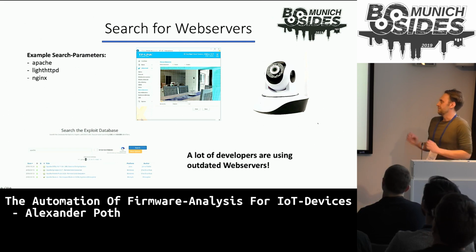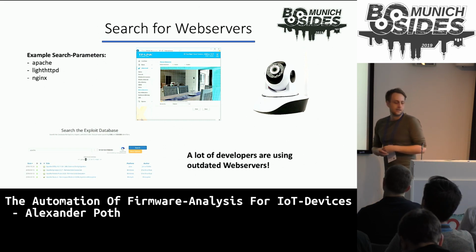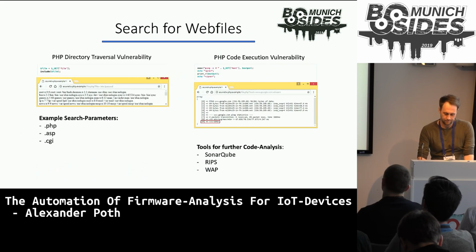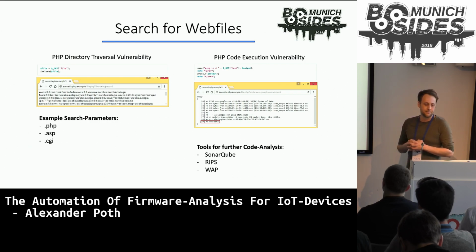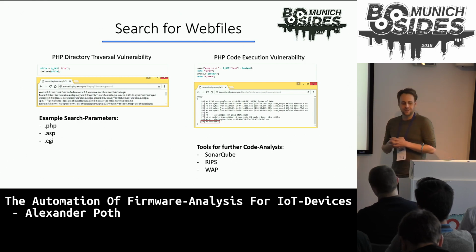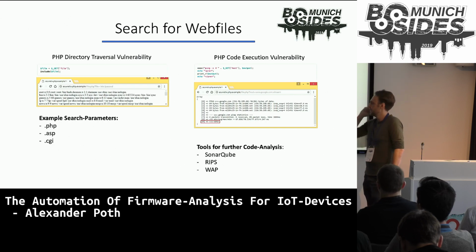And what is even more important is what is running on the web server, right? So we should always check, are there any web files inside our binary? Because custom-made web applications are often a famous target for attackers, because developers often have no clue about how to implement a really secure web application.